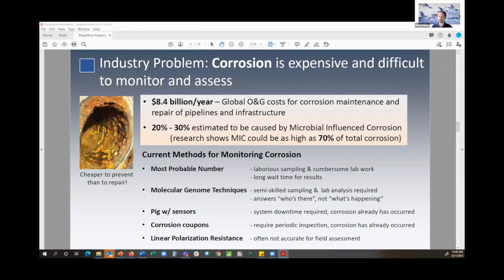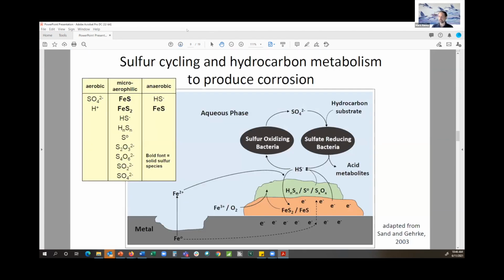Next slide, please. So this cartoon is the schematic for if you have metal at the bottom and you have sulfate reducing and sulfur oxidizing bacteria. It shows the entire process of MIC and sulfur cycling when you have this occurring in the oil and gas industry.